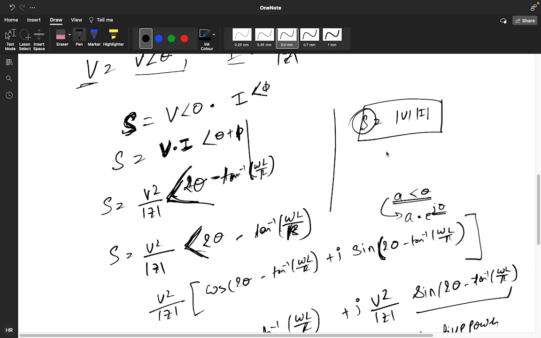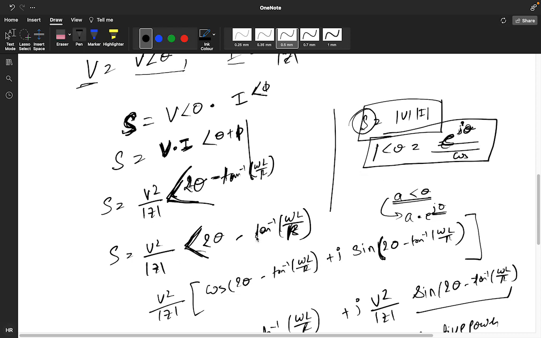One thing is, 1 at an angle theta can be written as e power j theta. This is the convention.